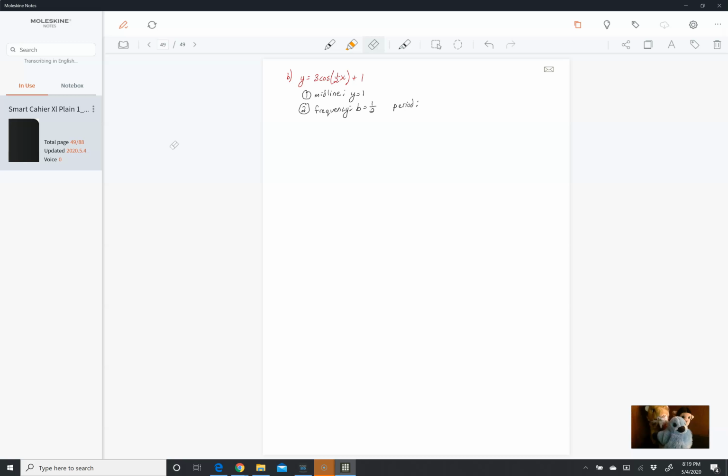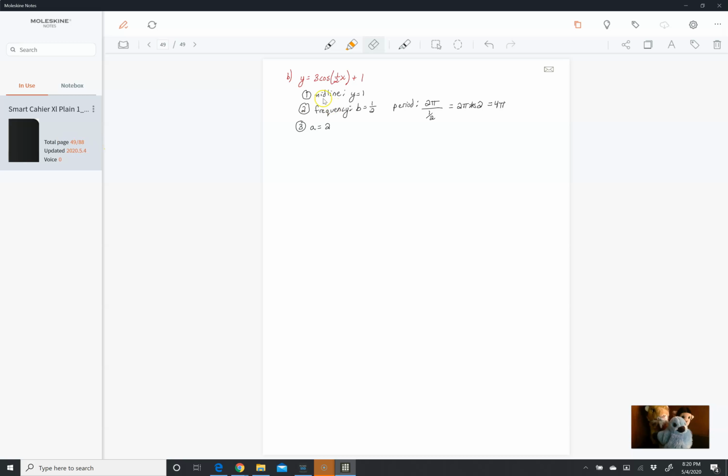So that means that we double the period. So it goes from 2 pi to 4 pi. If you recognize that, then feel free. If you don't, you're doing 2 pi over 1/2, which is 2 pi times 2, or 4 pi. Okay, and then finally we have our amplitude.